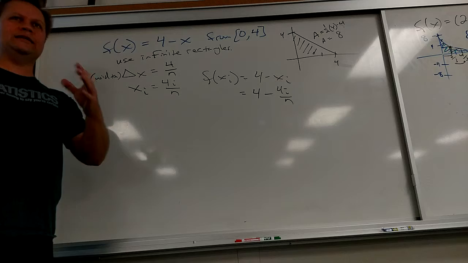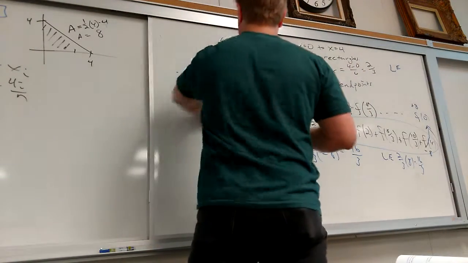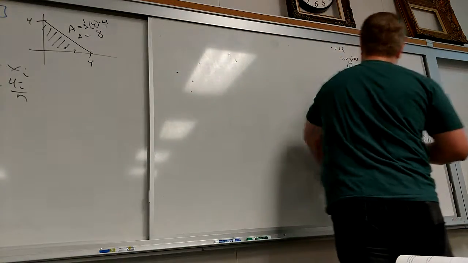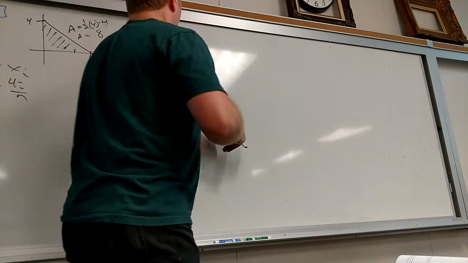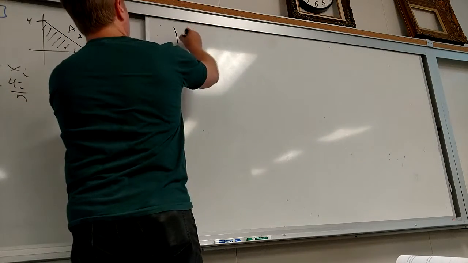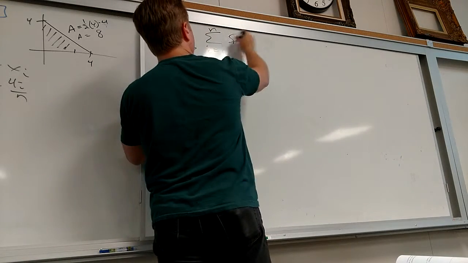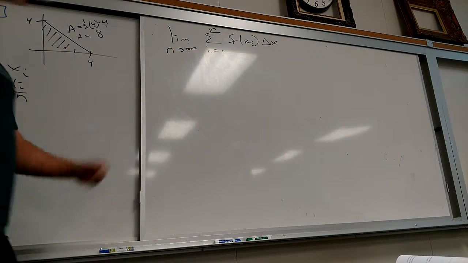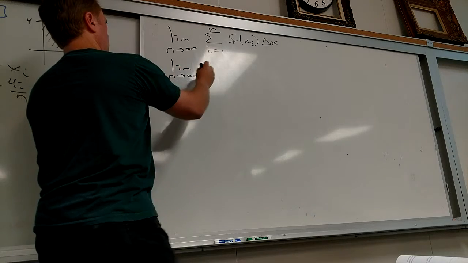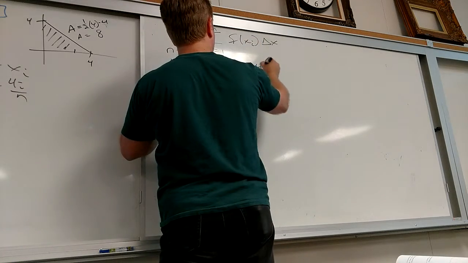Now I can put all this together in that form we were using earlier. f of xi we just figured out is 4 minus 4i over n.